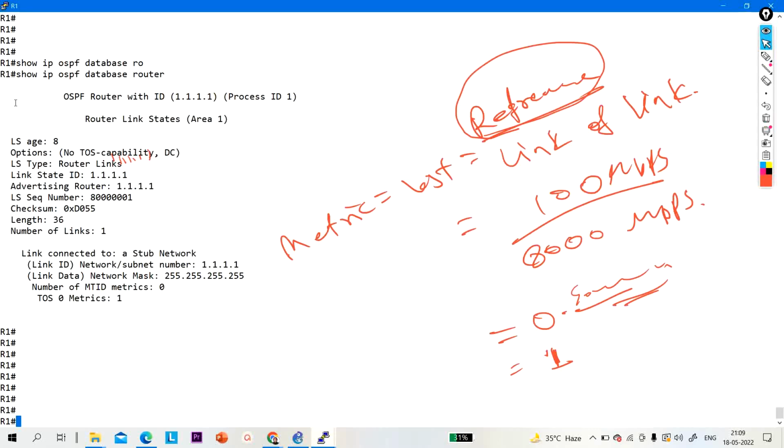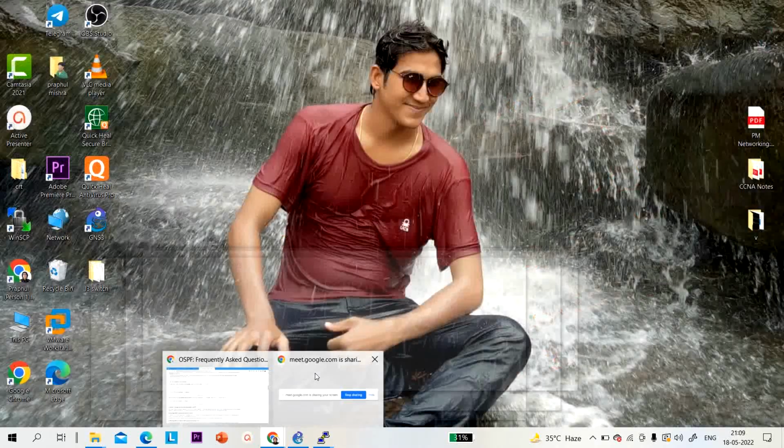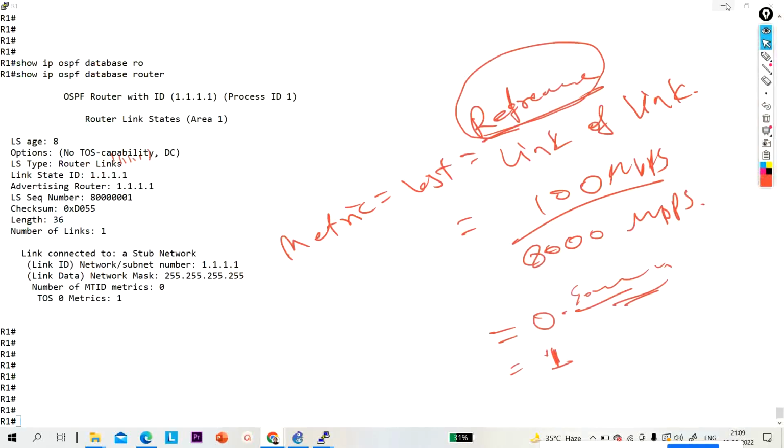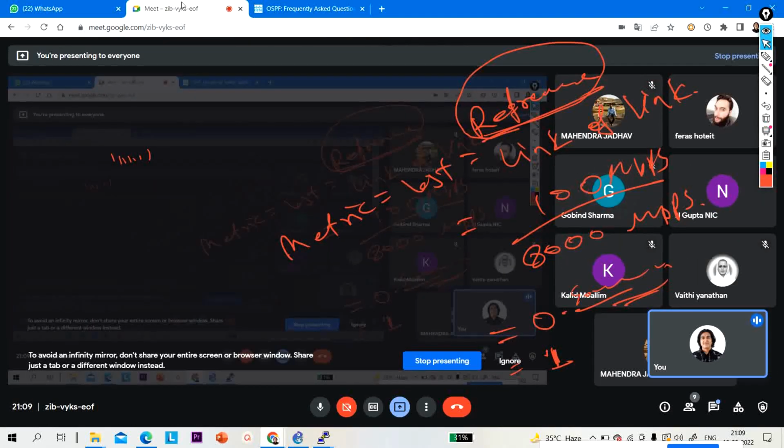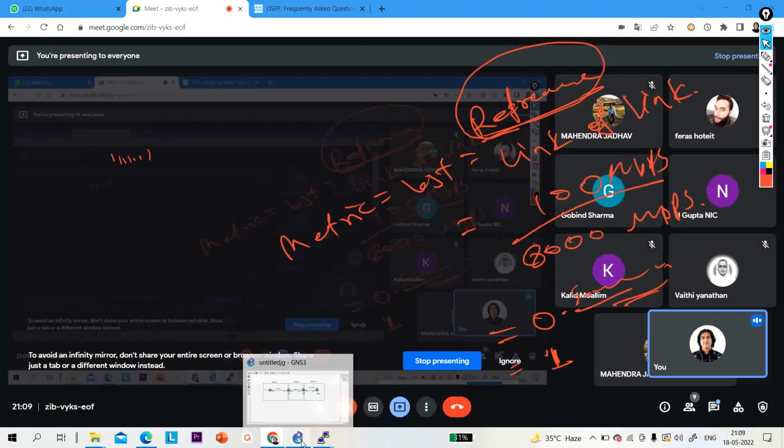Okay, this is a problem of GNS3 only. In GNS3 everything will not be supported. I will give you one short video on a real device, right? How to manipulate this thing. I will make one video on a real device and show you how, after changing the reference bandwidth, the metric will be different. Okay, so leave it for now.